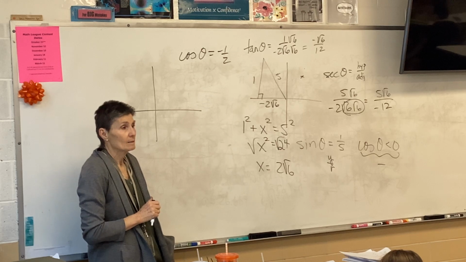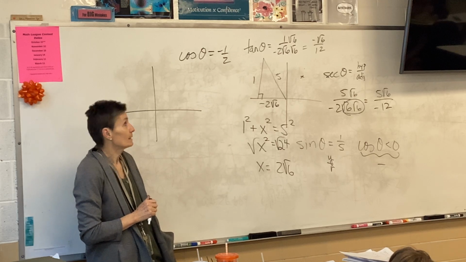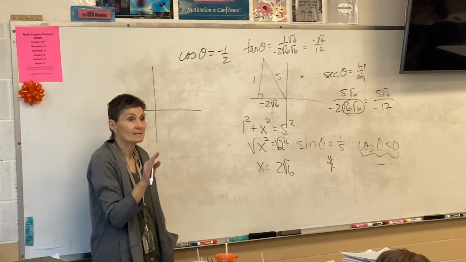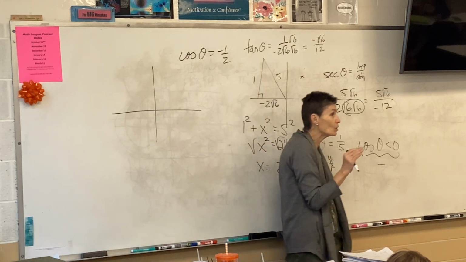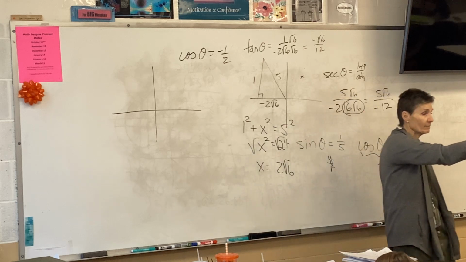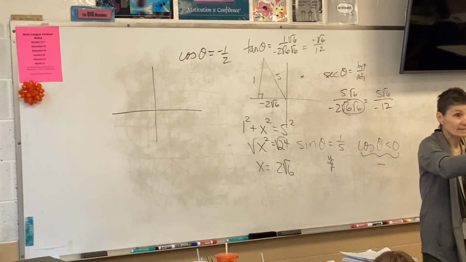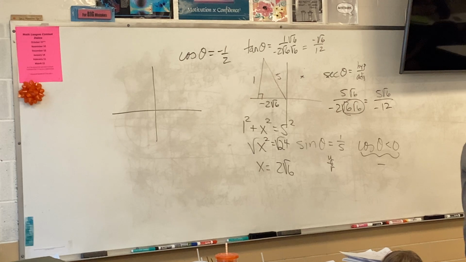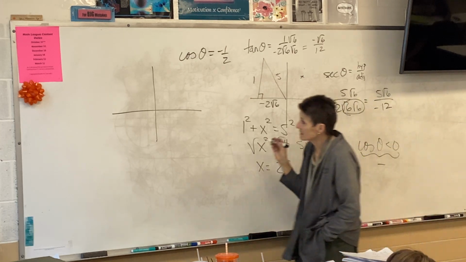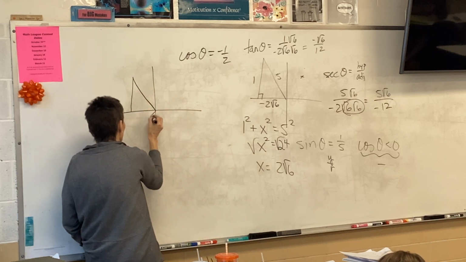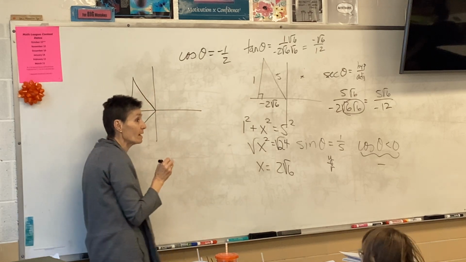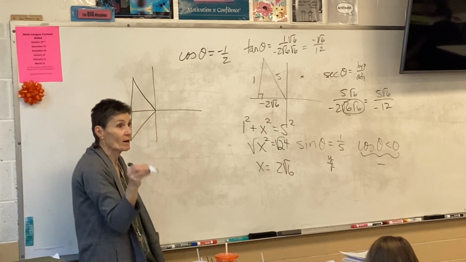Okay, now wait. Let's think about something for a minute. If the cosine is negative, what does that tell me? Cosine is x, so if cosine's negative, x is negative. So whatever my angle ends up being, it's going to be in this quadrant or this quadrant because that's where x is negative.